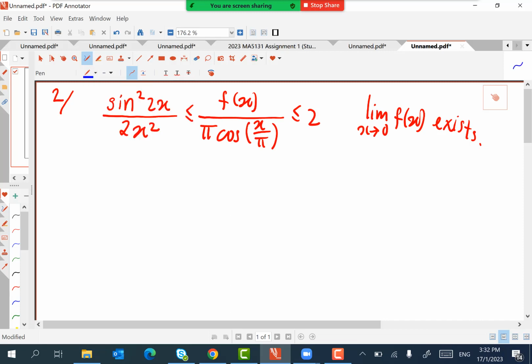Okay, for this question, first and foremost, we want to calculate the limit of x going towards 0 of sine.